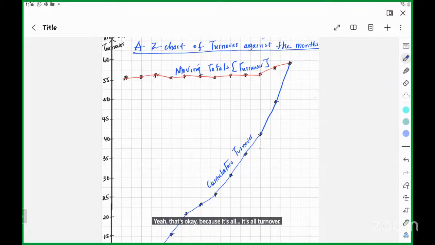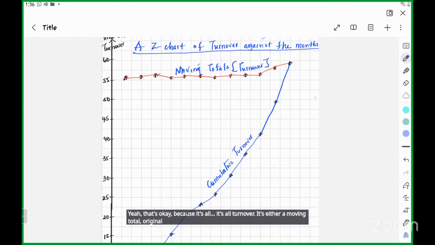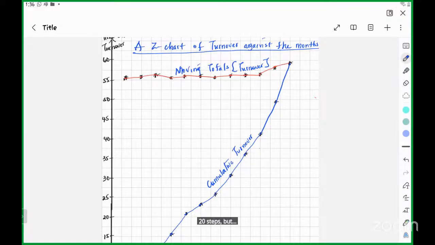It's either a moving total, original values, or the cumulative values. You start with any you want, but that should be the final result. Okay. Yeah, please.